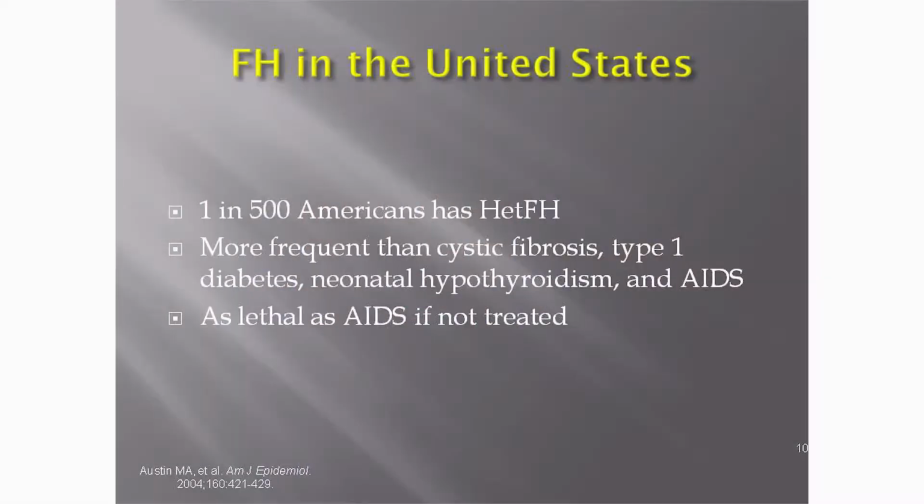So we should know that about 1 in 500 Americans will have the heterozygous form of FH, or the form where one gene is inherited from one parent and not one gene from each parent. Classic Mendelian genetics tells us that 1 in a million people will have the homozygous form of this disorder, but in fact that's actually being questioned at present, and many of us believe that many more people have homozygous FH than that 1 in a million.